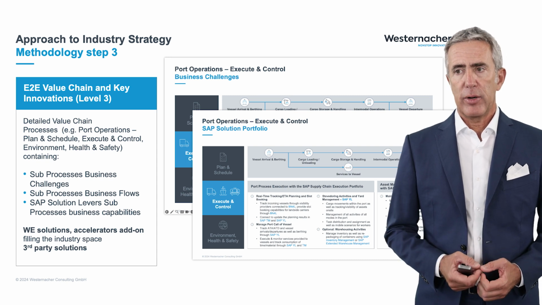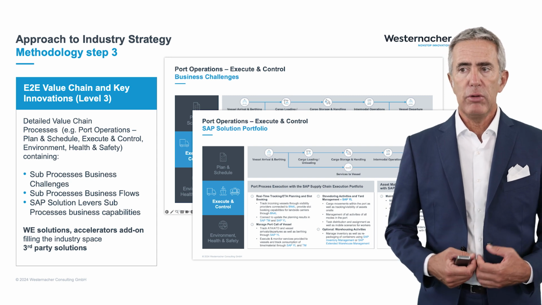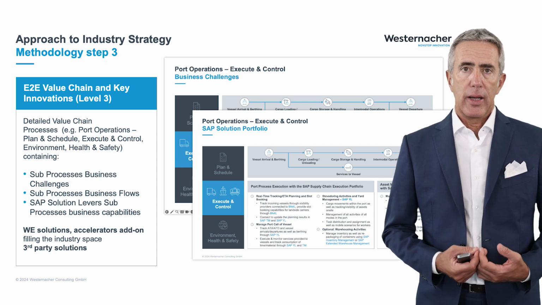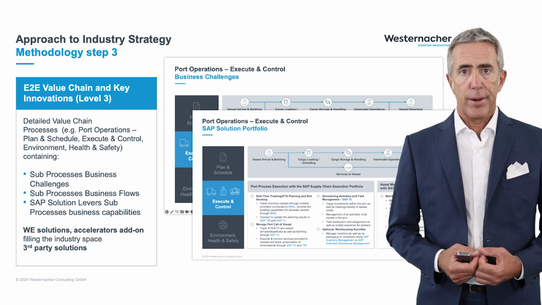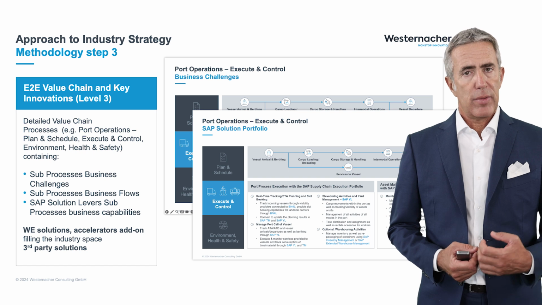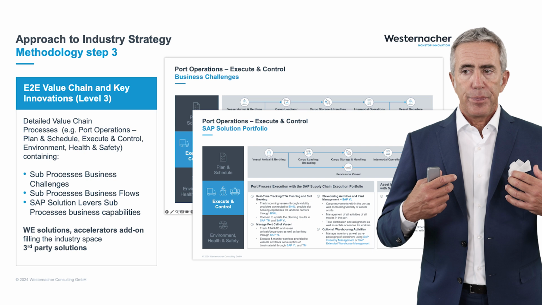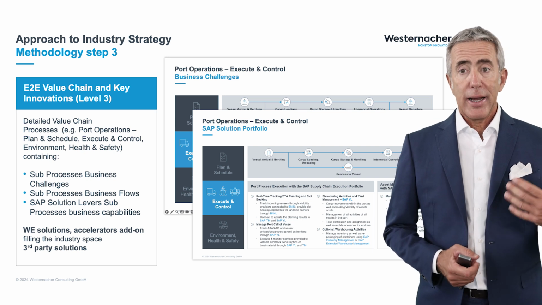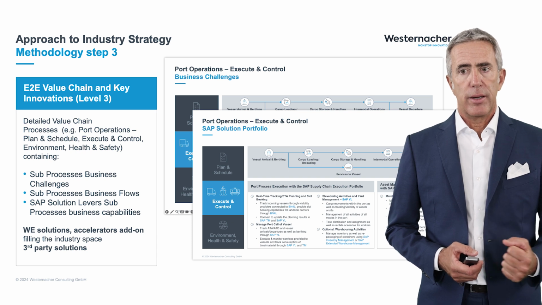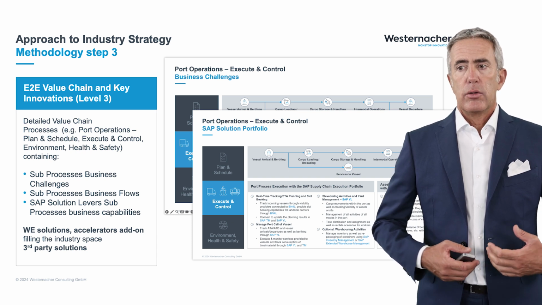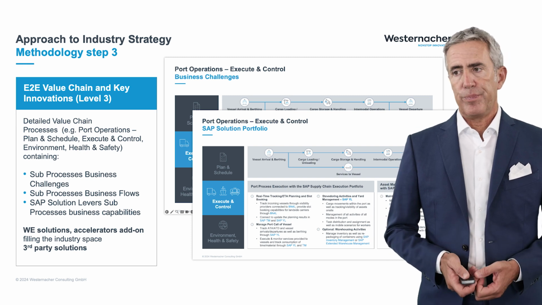In this case, for the specific case of the port operation, we see, for example, that a set of solutions in the supply chain execution area, like transportation management, like yard logistics, like business network for logistics, can help companies belonging to this industry to increase their process execution.